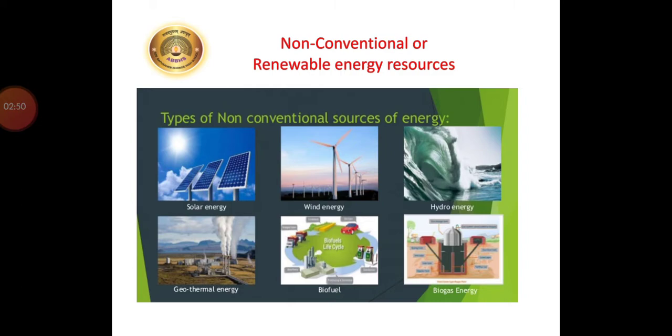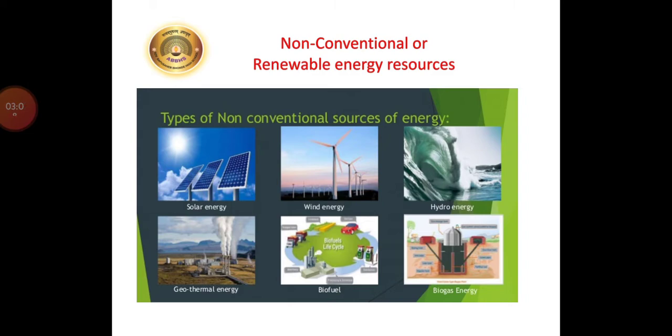So it will be better to use alternative and supplementary resources instead of conventional ones. So we have to use non-conventional energy resources which can be used again and again.